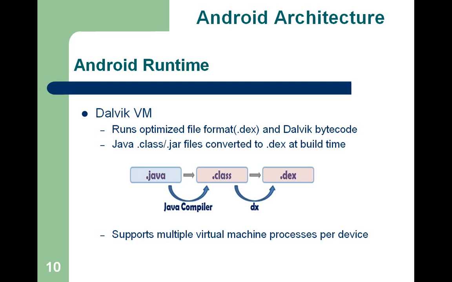It does one more level of optimization and generates Dalvik bytecode. Normally, when we work with Java applications, we have .class and .jar files, which are compiled to .class using the Java compiler.